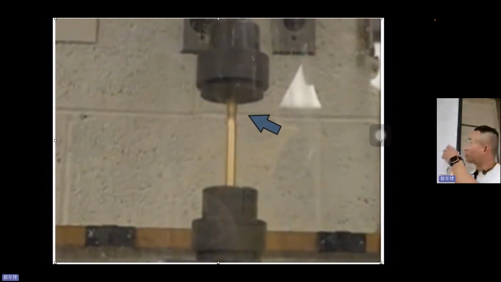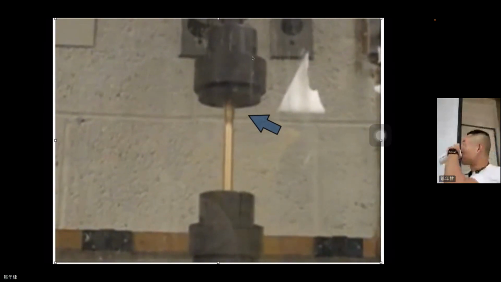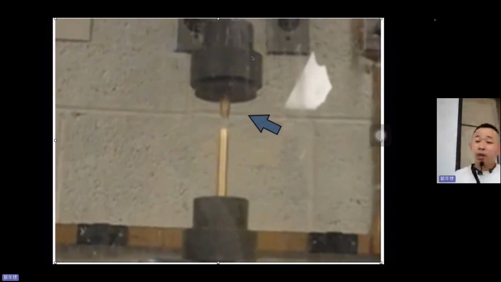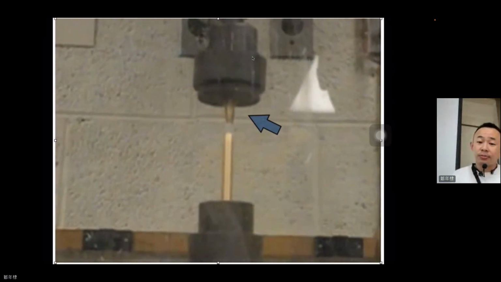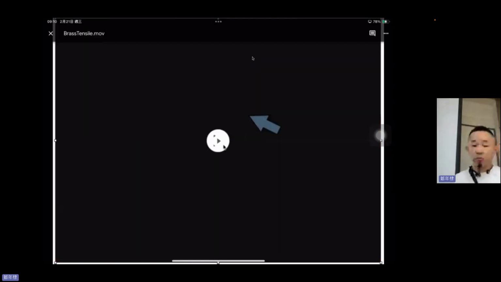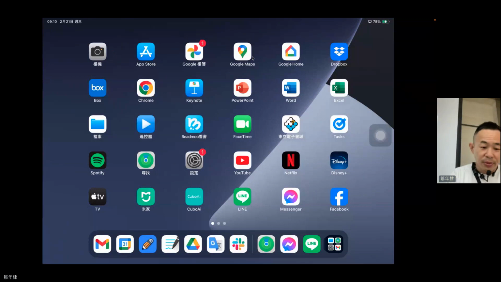Bam, like an energy release. You can see the fracture cross section, right?